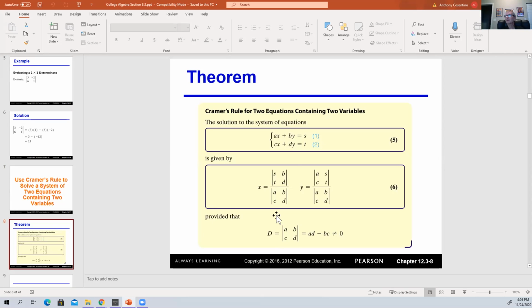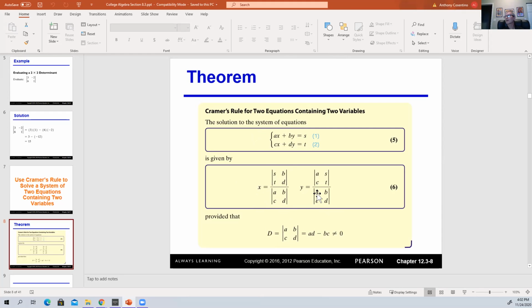By finding determinants, you get the exact answer for X and the exact answer for Y. The main determinant is this D, which is the determinant of the coefficients. That always goes in the denominator. What goes in the numerator is that if you calculate the X, you replace the X column with the answers.